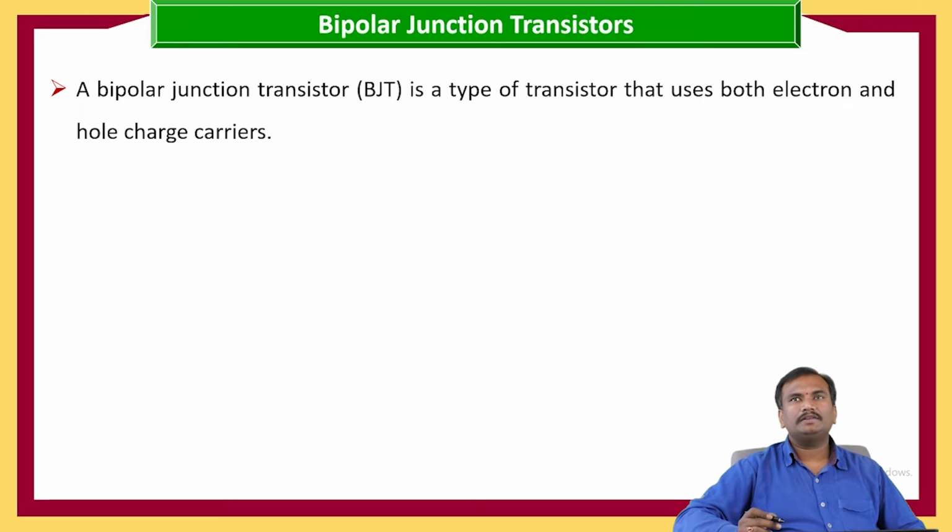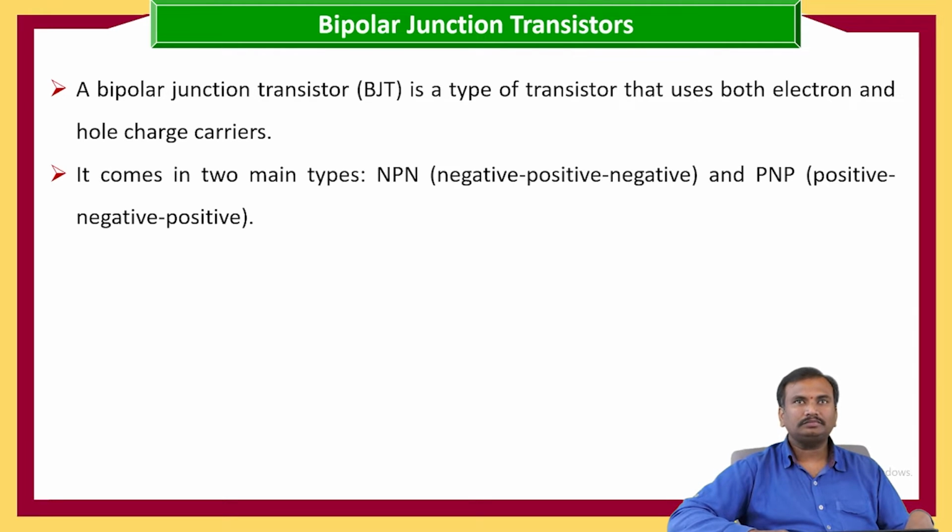A BJT is a transistor that uses both electron and hole charge carriers. From the BJT name itself we get that the charge carriers are both electrons and holes. It comes in 2 main types.